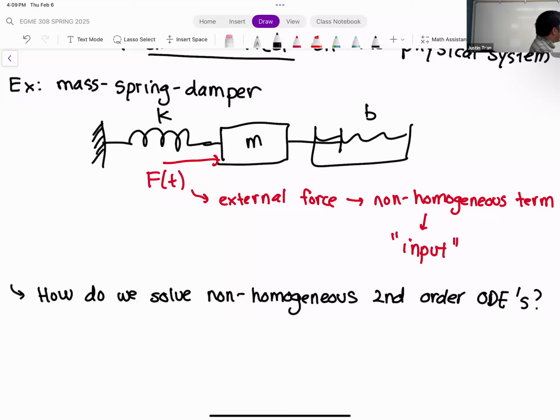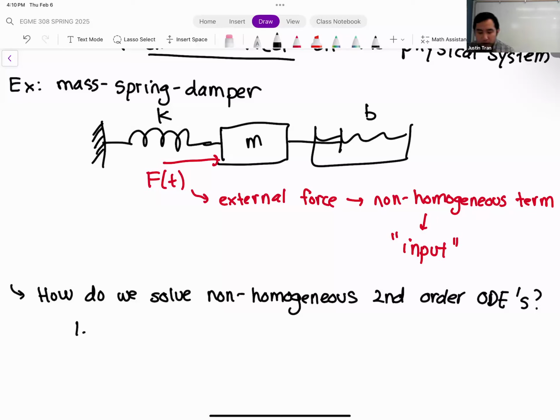The most generally accepted way to solve these is to solve two problems, one after the other. So let me write the two steps here.